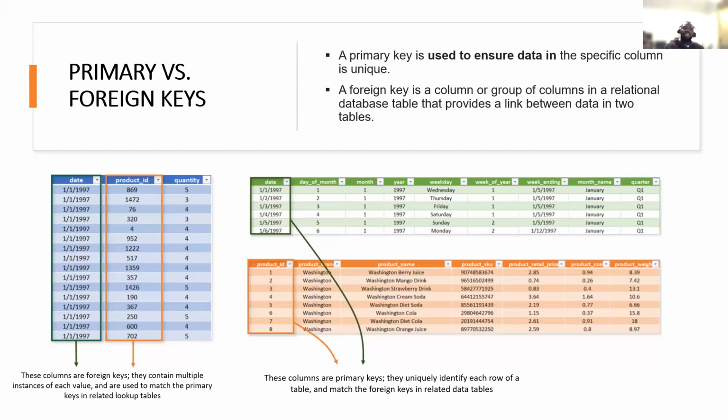You cannot find two of the 1st of January 1997 in a lookup table. So that means it has an identity. In that case, it is the primary key. So when you begin to use it outside in another table, which is known as the data table, it becomes the foreign key. Do you get it now?